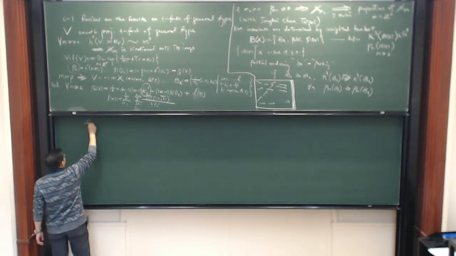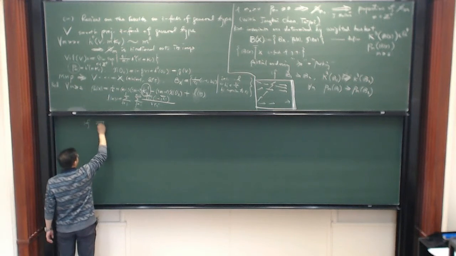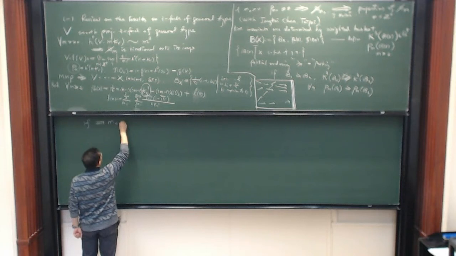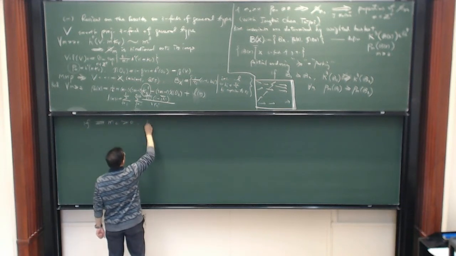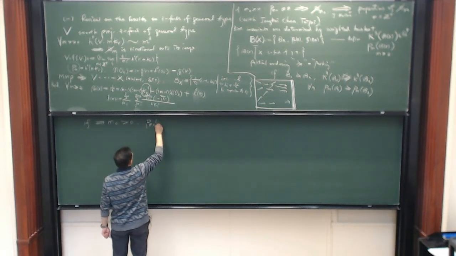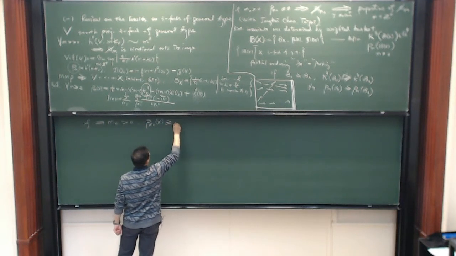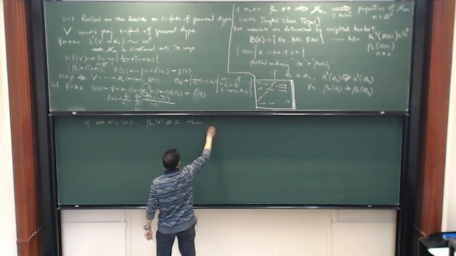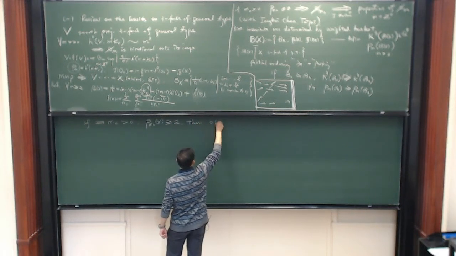If there exists some integer m naught so that P_m0 of x is larger than or equal to 2, then it's okay, you can study.